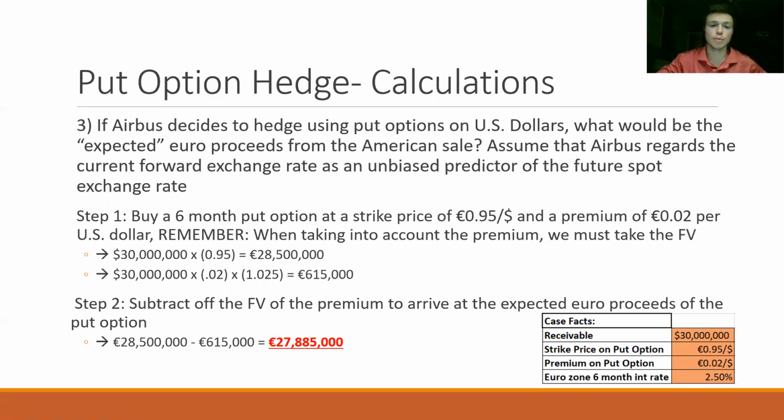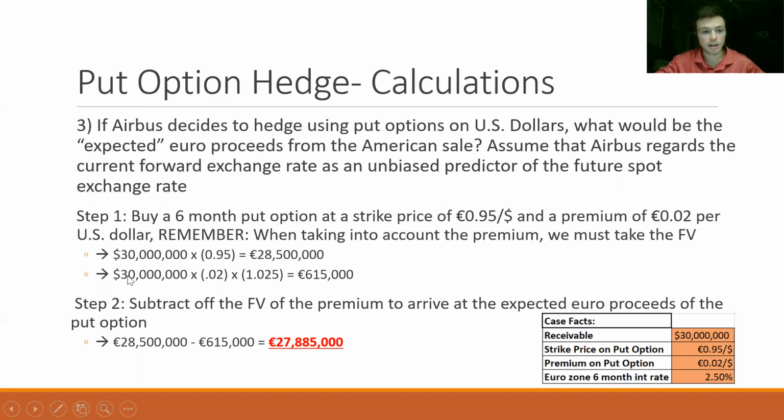And so they're going to buy that put option at a strike price of 0.95 euros per dollar, with a premium of 0.02 euros per US dollar. And it's important to remember in this step that when we're talking about the premium, we need to take into account the future value of that premium. So we'll calculate here the 30 million US dollars times that strike price, 0.95, and get 28,500,000 euros.